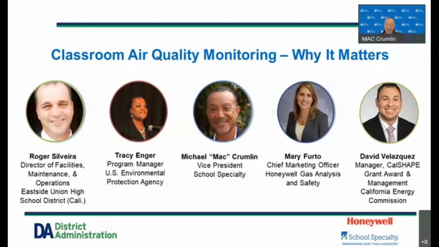Likewise, Dr. Allen also speaks about, and I want to read a short commentary from one of the things he's represented: students in classrooms that receive portable mechanical ventilation system interventions, and then obviously, as you heard Tracy and Roger speak to, you want to deploy monitors so that you can, to borrow an old saying, trust but verify, right?